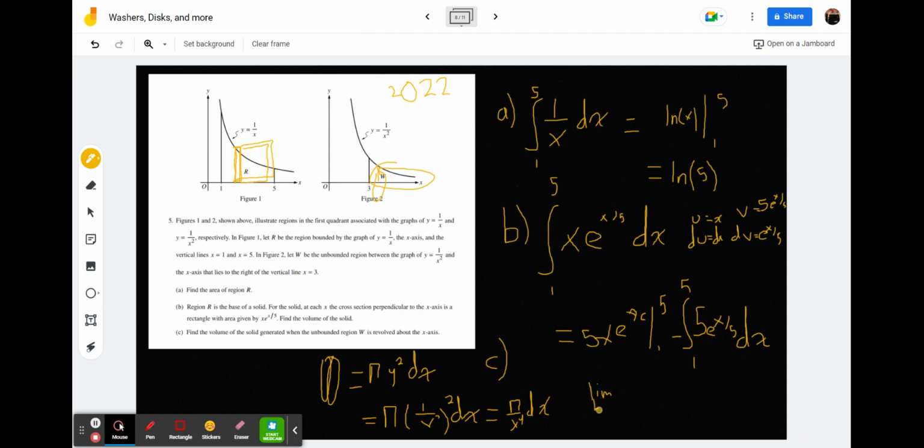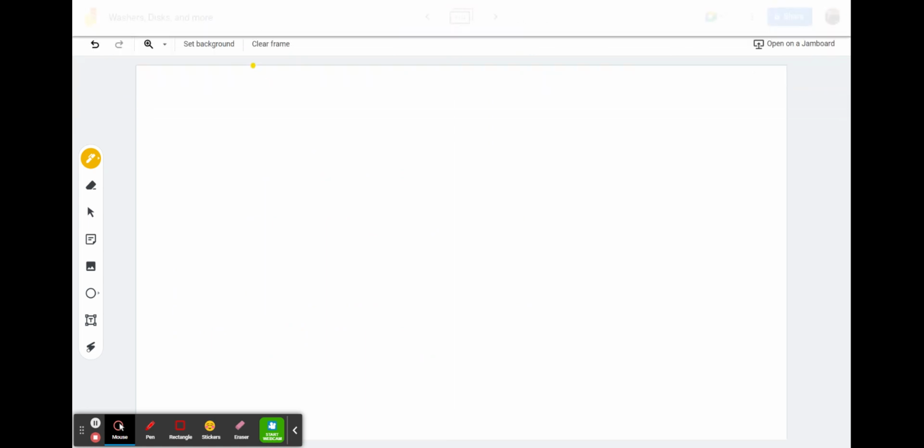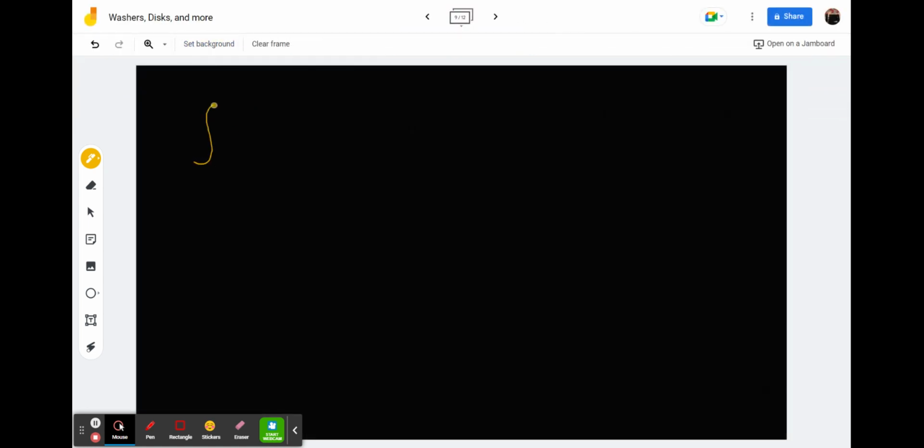So the limit as b approaches infinity of the integral from 3 to b of pi over x to the 4th dx.